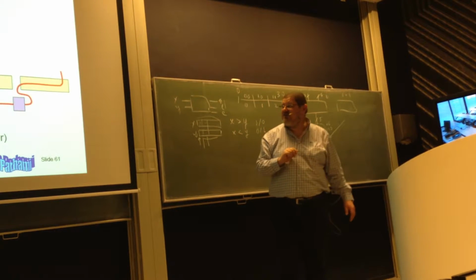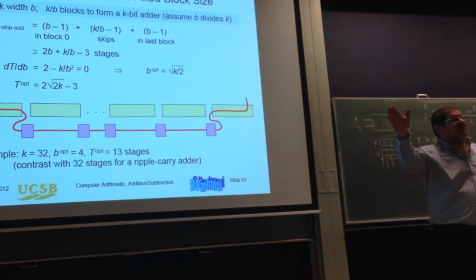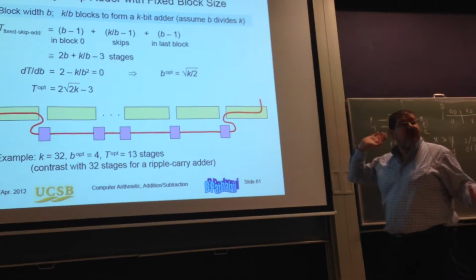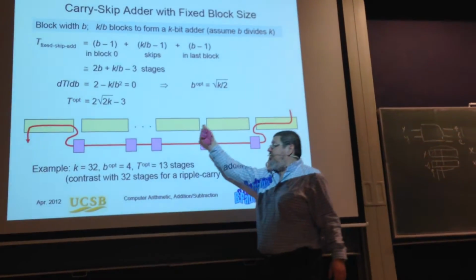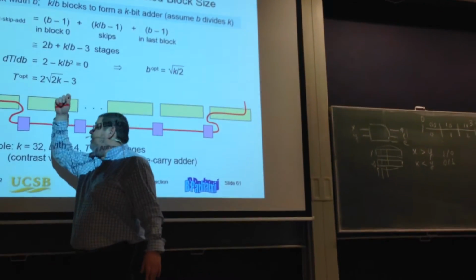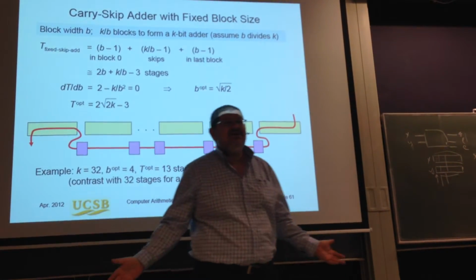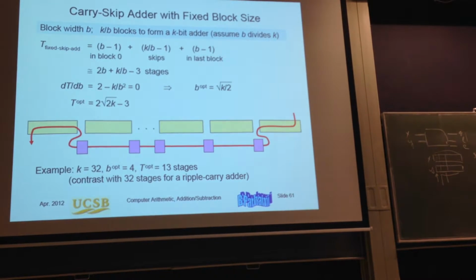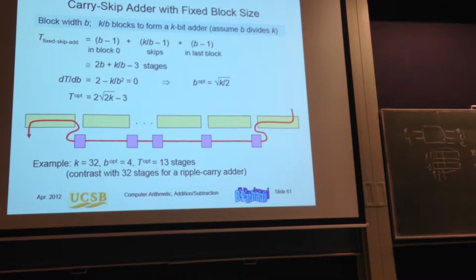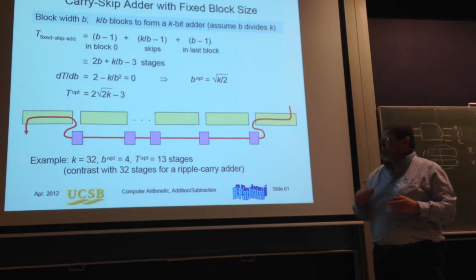Because if I have such a situation, actually I will skip all the blocks. If I have the worst case of the ripple carry, I skip this block, I skip this block, I skip this block, I skip this block, I skip this block. Then this is the best case, going on the highway. Now the worst case will be, you can try to make an analysis, but this is the worst case.